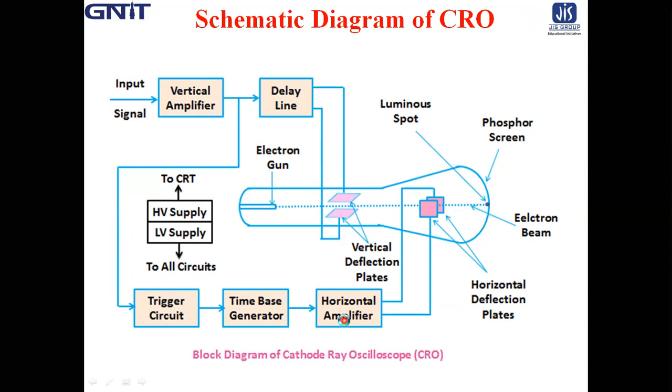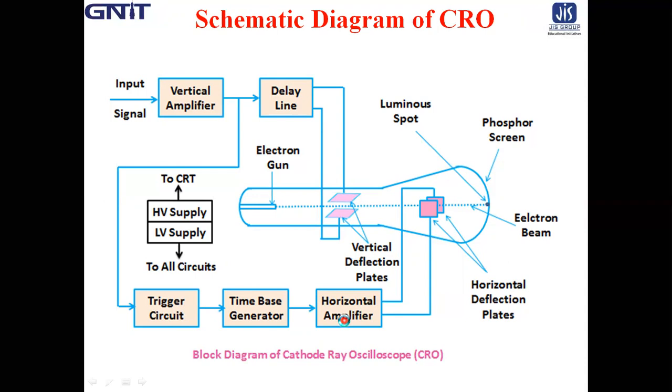A finite amount of time elapses before the sawtooth waveform is applied to the horizontal plates. Thus, the starting edge of the input signal can be observed if it is delayed by the same amount of time in the delay line.